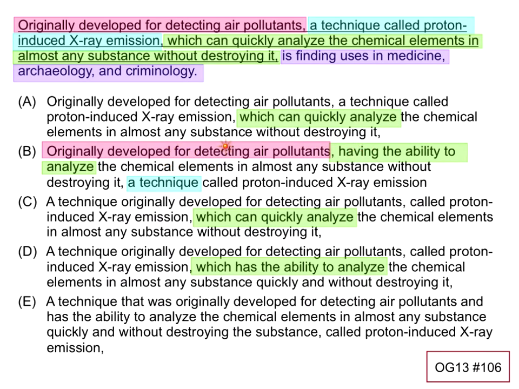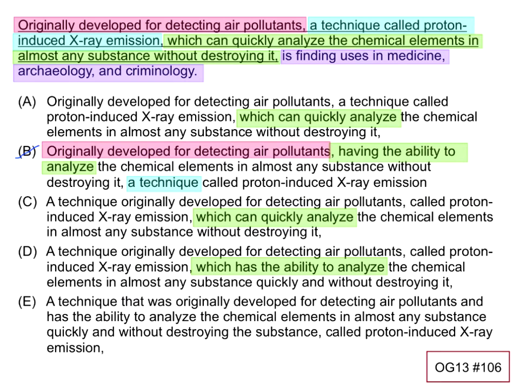Wait, what was developed? What's going on here? And then I get having the ability, comma having, I'm looking for it to refer back to what was before it, but it doesn't. So now I'm not sure whether the red is supposed to refer to the green or the green is supposed to refer to the red or what's going on here. And that doesn't get cleared up until I get all the way over here to technique, and I would still have to go back and read it again to figure out what's going on. So that's too ambiguously structured. That's no good. We're going to cross off B.